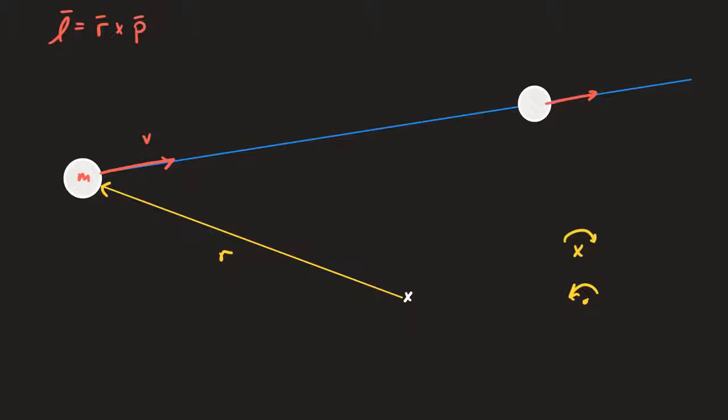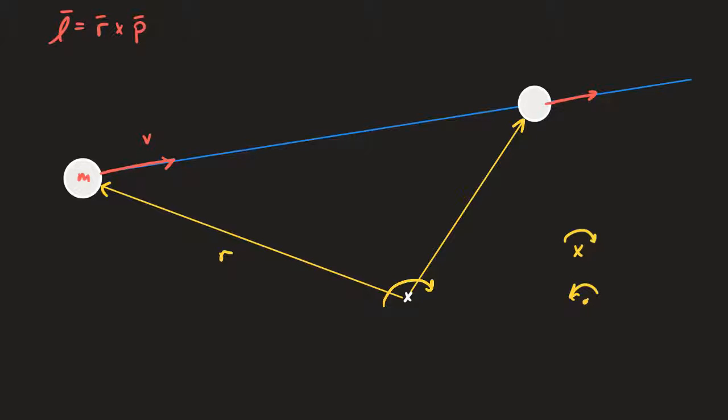But now that vector for r lies in that direction. If we were looking at the angular momentum of the particle about this point, it would be into the board. It's sweeping out angles just like we would expect.